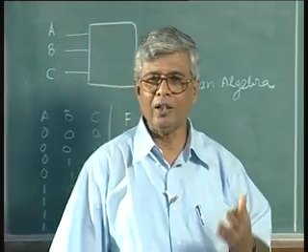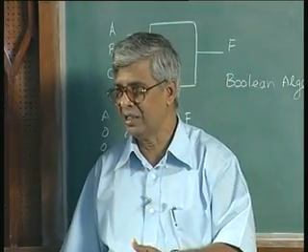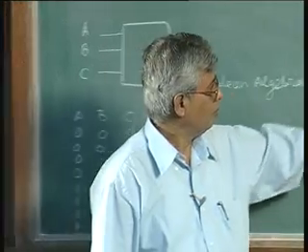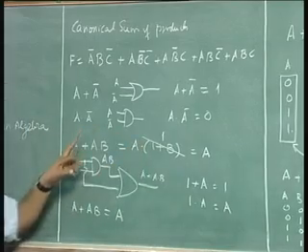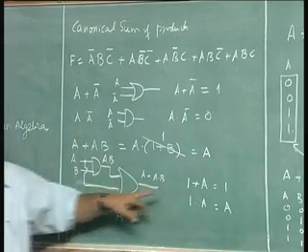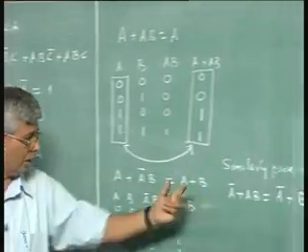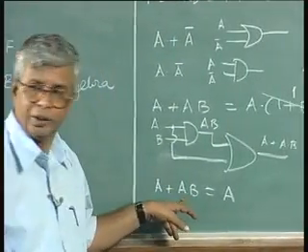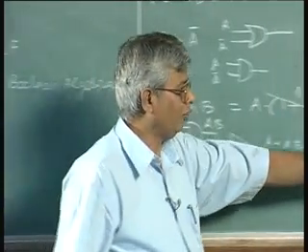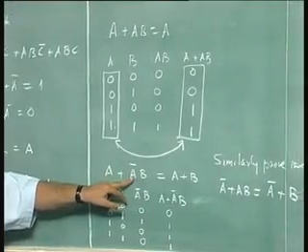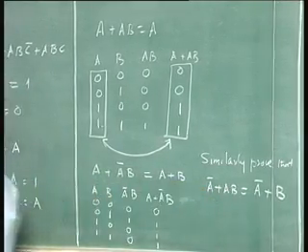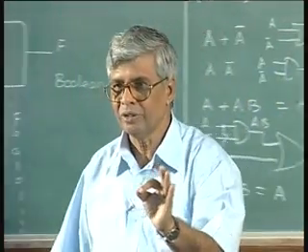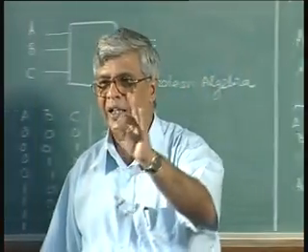So all the identities are relevant in that context, this, this, and this, all of them are knocking off either a term altogether, in this case, or a variable in a term, in this case. So, I have given you identities which will knock off an entire term or knock off a variable in a given term.